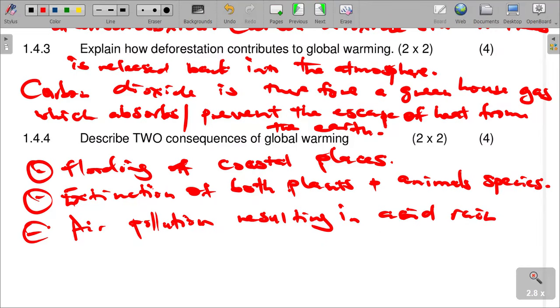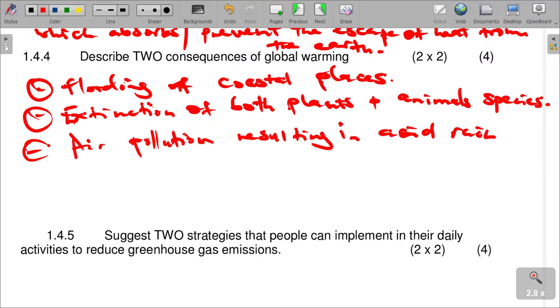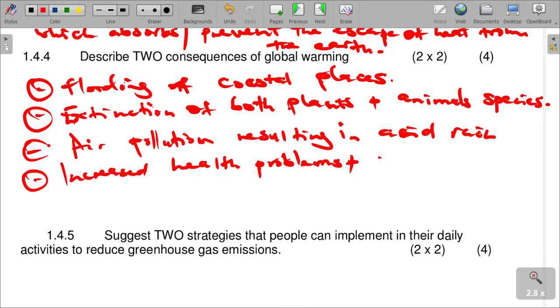We can also talk about health problems to people, increased health problems and diseases that can also affect humans.